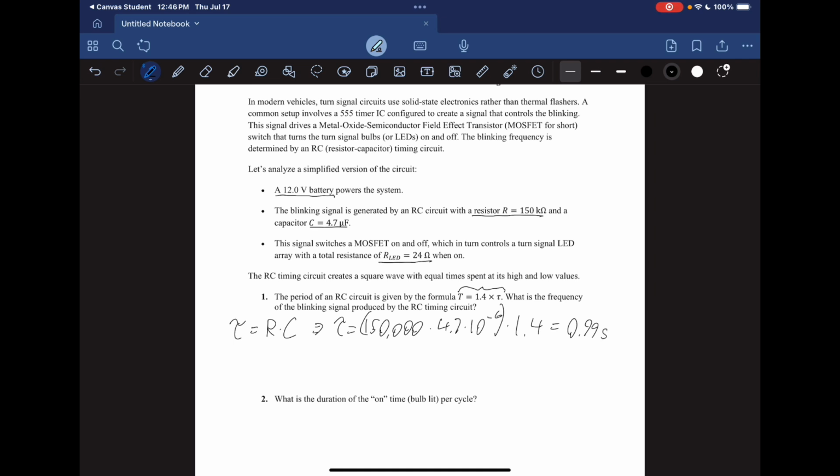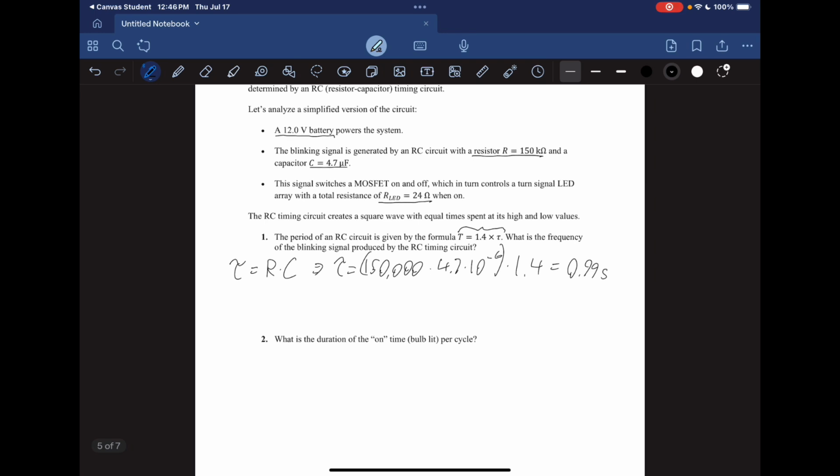So now we have our period. If you recall, the relationship between period and frequency is what we want. Frequency equals 1 over the period T. So in our case, this is 1 over 0.99, and period has to be in seconds. That's important to remember. So we get that our frequency is equal to 1.01 hertz.